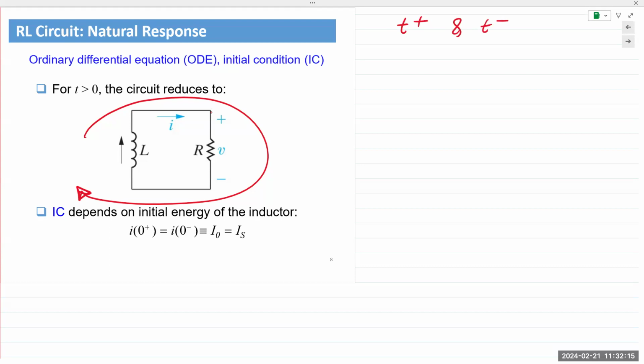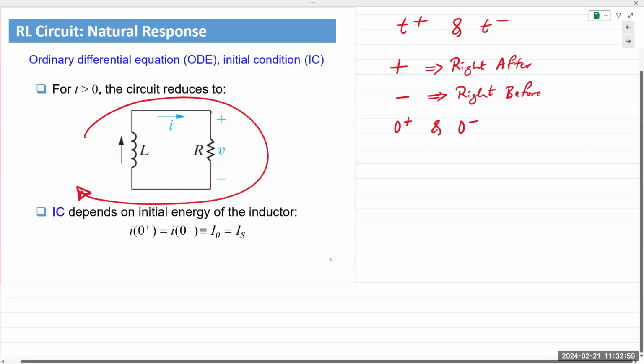Plus indicates right after or immediately after, and minus indicates right before or immediately before. Plus is succeeding, minus is preceding. We know that it cannot change instantaneously, so we can write that the conditions at time t equal to 0 plus and 0 minus are exactly the same.